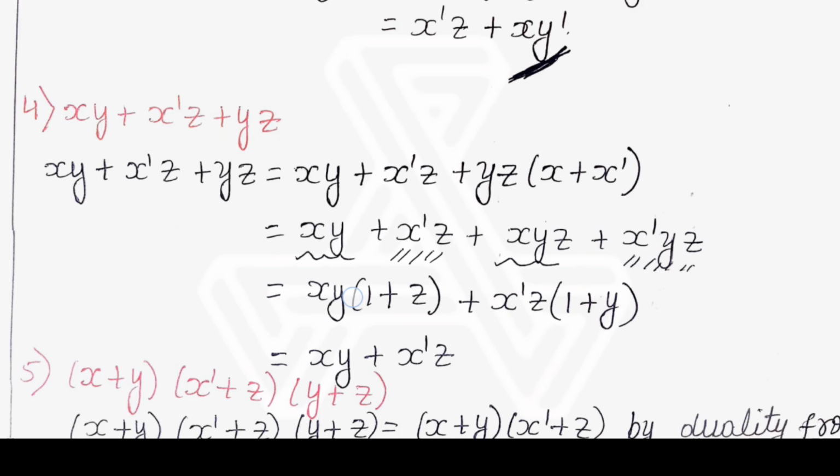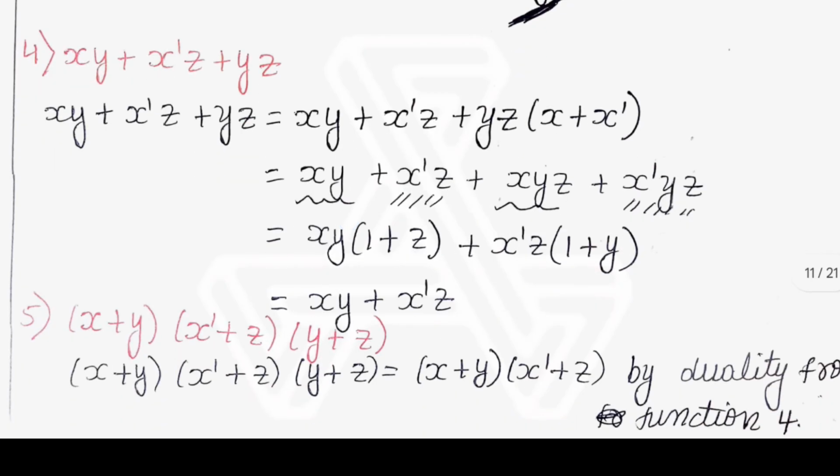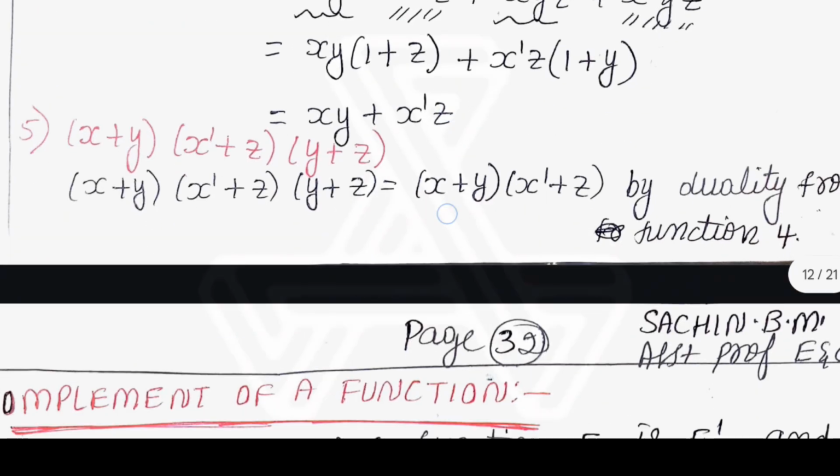That is x y, x dash z, x y z, and plus x dash y z. We have the same as this x y. 1 plus z is 1, 1 plus y is 1, then x y plus x dash z.